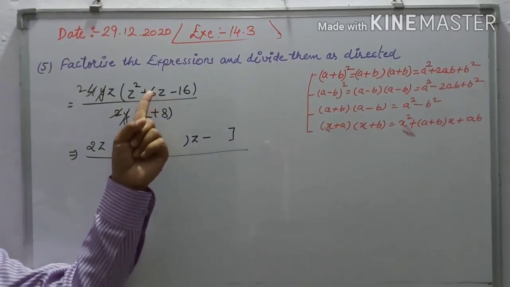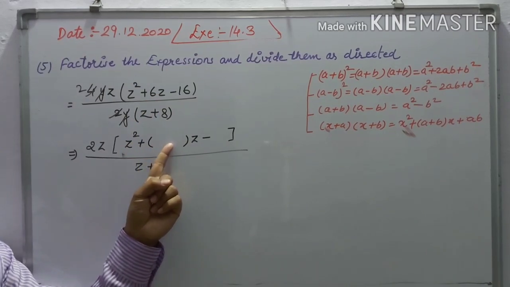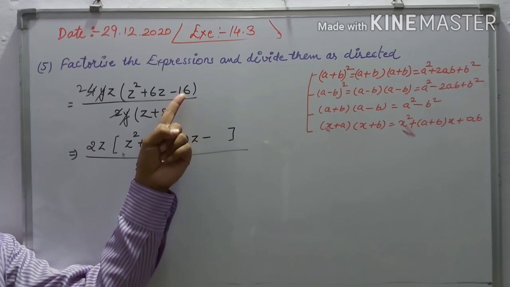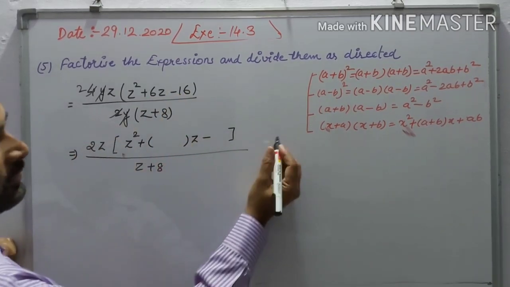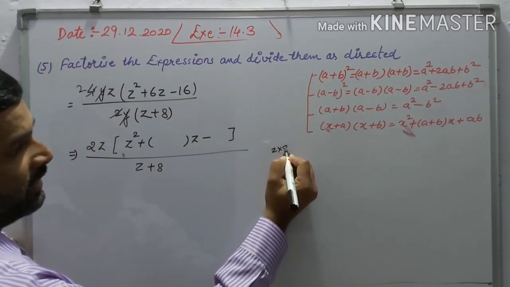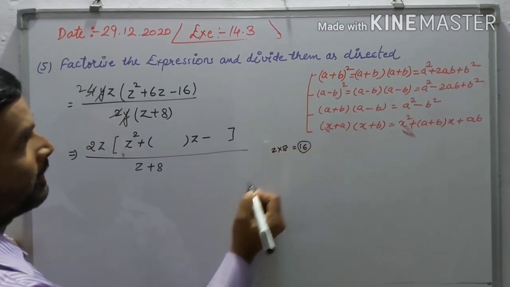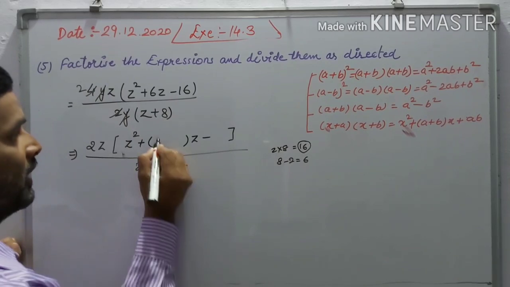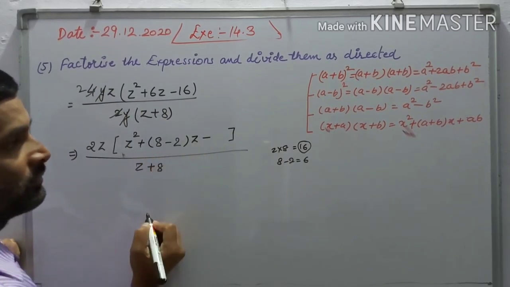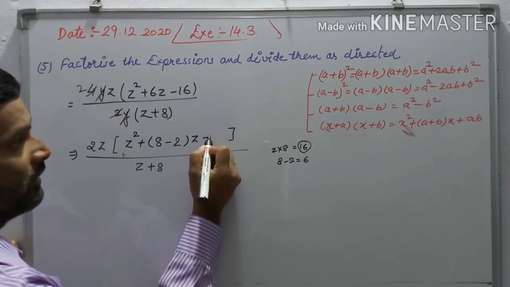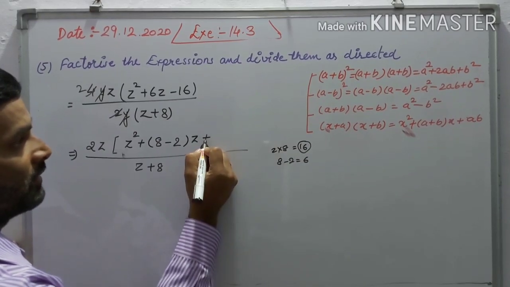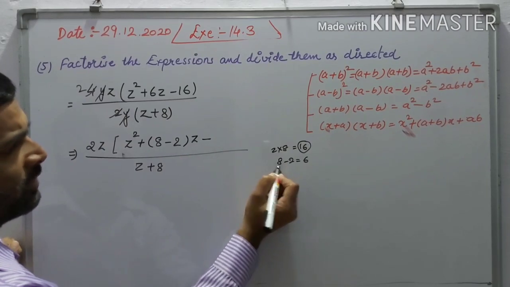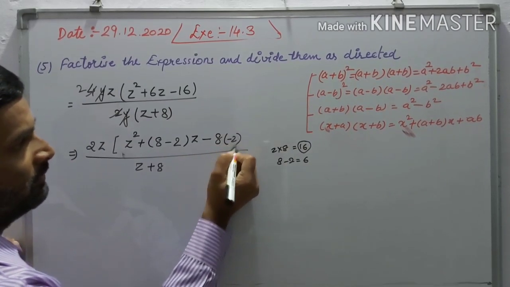Now 6 is the sum of two numbers, and the same two numbers multiplied give minus 16. So write 2 into 8 is equal to 16 and 8 minus 2 is equal to 6, so write 8 and minus 2.